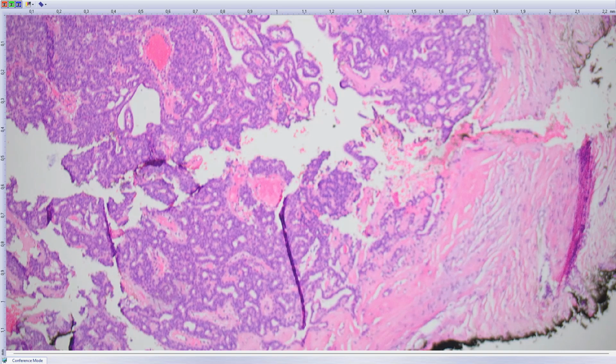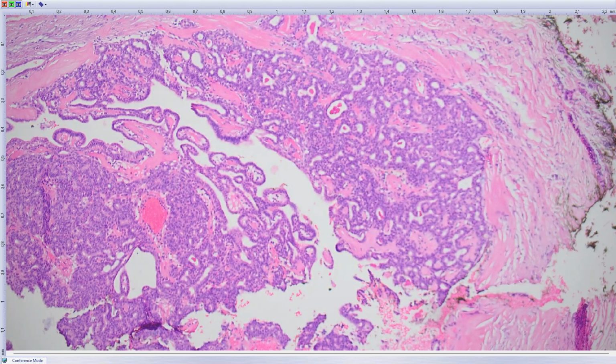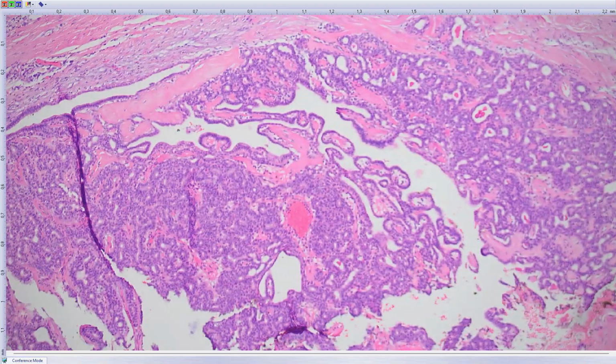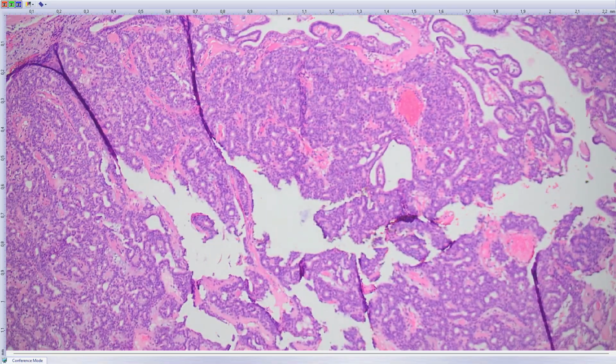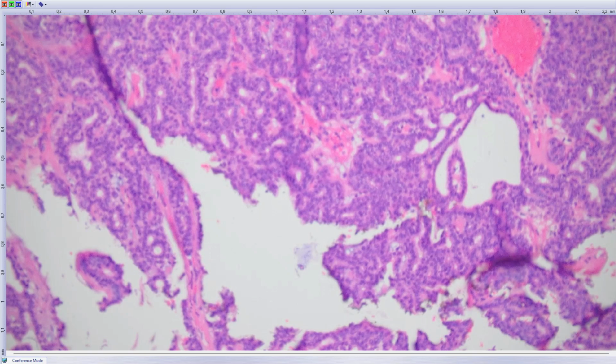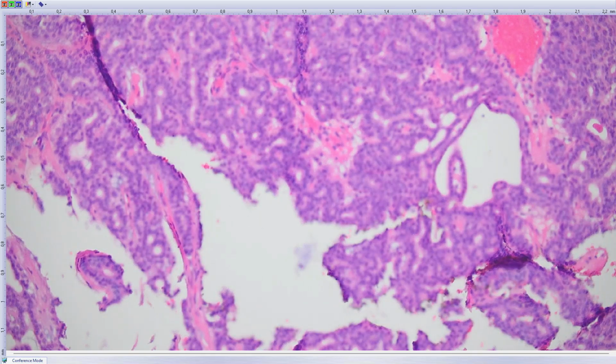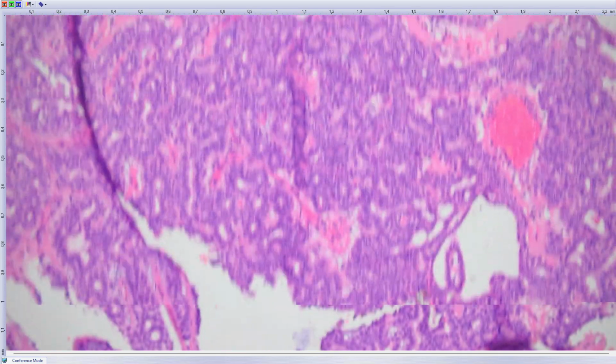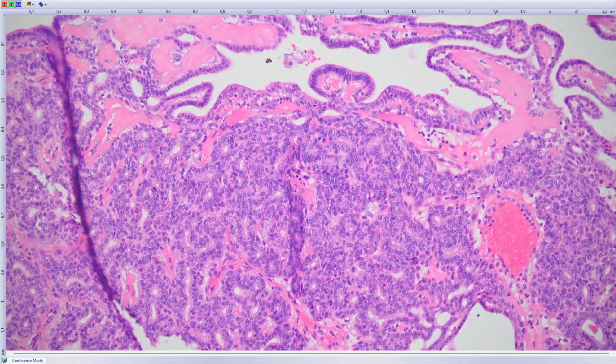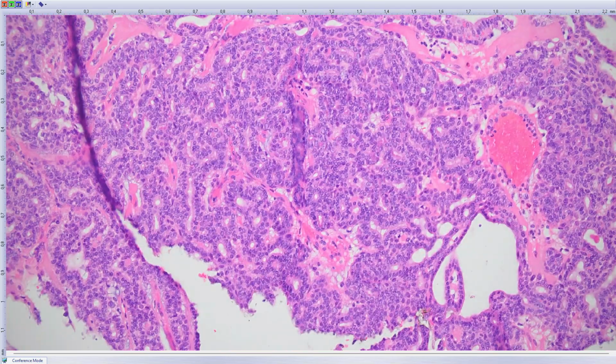So we'll look at the high magnification at the moment, and we can see that the tumor is characterized by ductal and trabecular growth pattern, and at least in my opinion, the tumor is monophasic, relatively uniform, or composed of one cell type somehow.